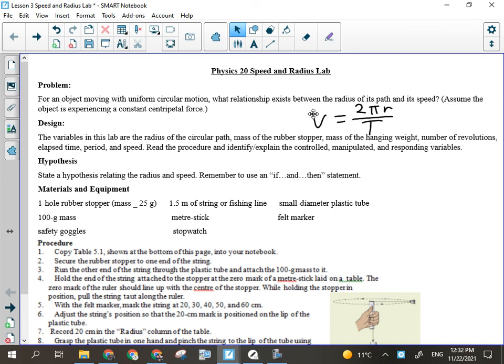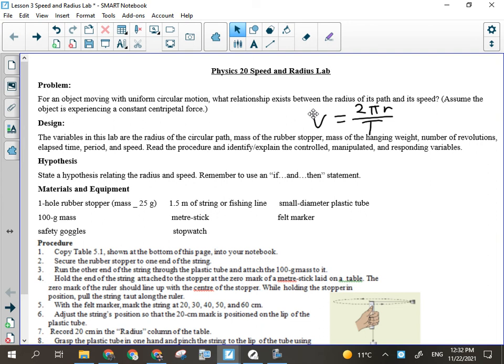It keeps it moving in a circle, so it's acting as a centripetal force. We are not changing that centripetal force because we're going to use the same mass throughout the entire lab. All that will change is the radius of the circle.